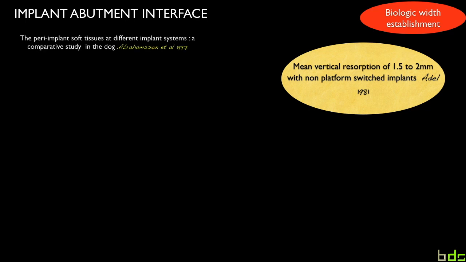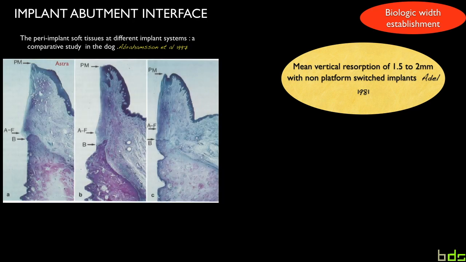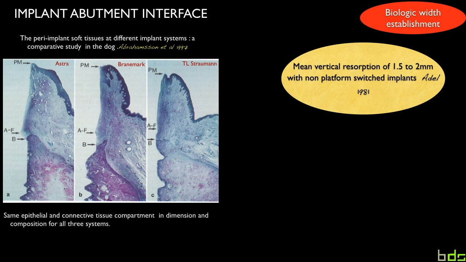Also, classically, we look at the studies by Abrahamsson in 97, in which they compared Astra, Brånemark, and tissue-level Straumann. Back in the days, in 97, Astra also had a tissue-level implant. They found out that with 3 different implants, they had the same epithelial and connective tissue compartment.